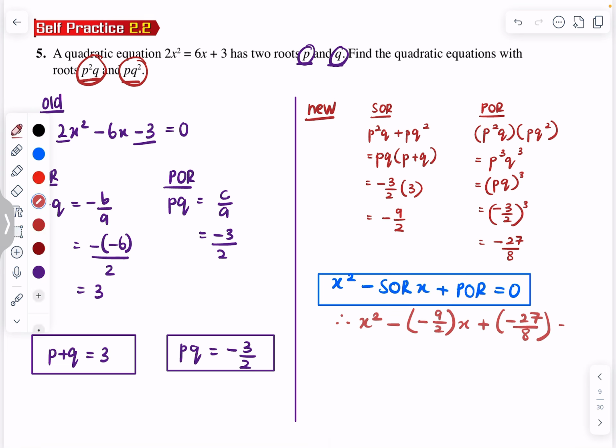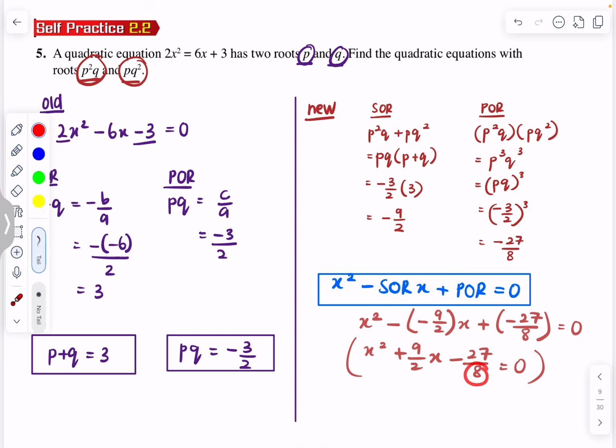So equals to 0. Then we try to expand this, and we don't want fractions, so we get rid of the denominator. So first this is 9 over 2 x minus 27 over 8 equals 0. So the whole equation we have to times the biggest denominator, which is 8.